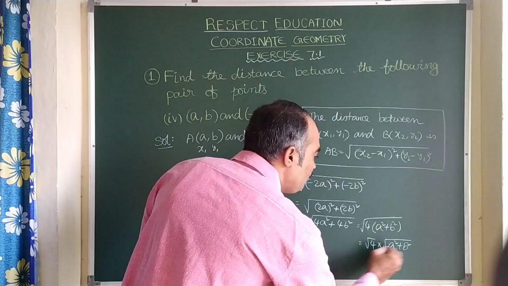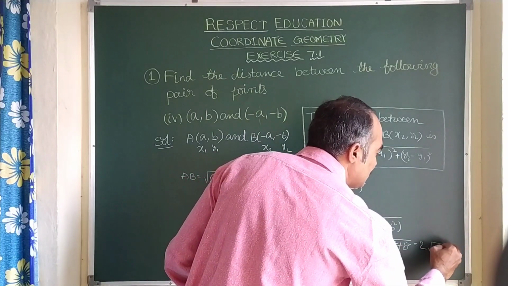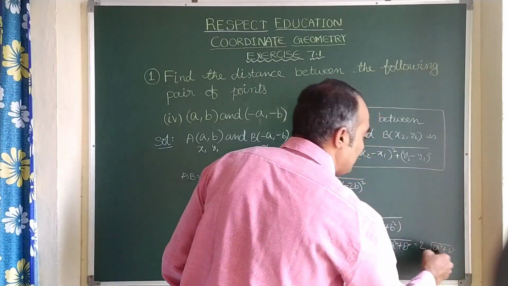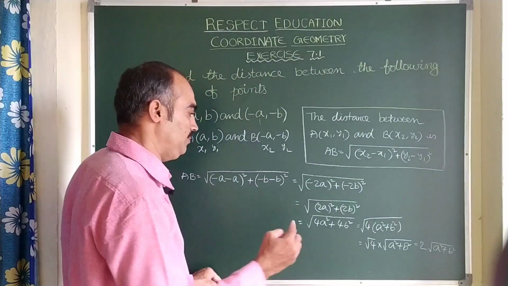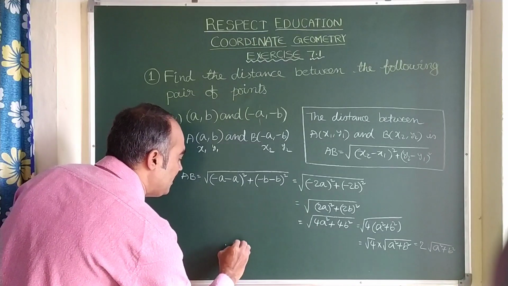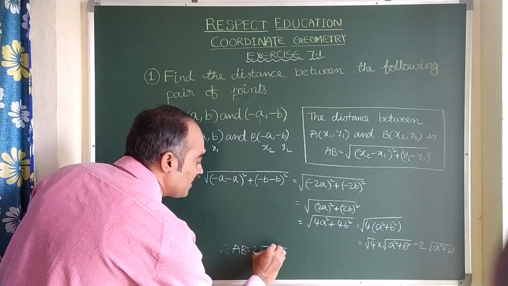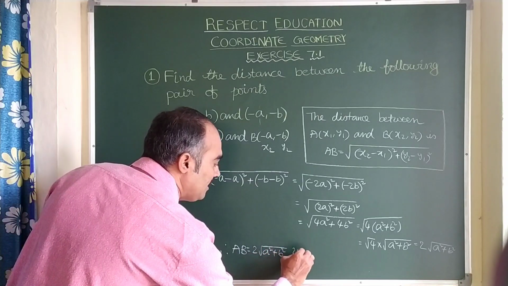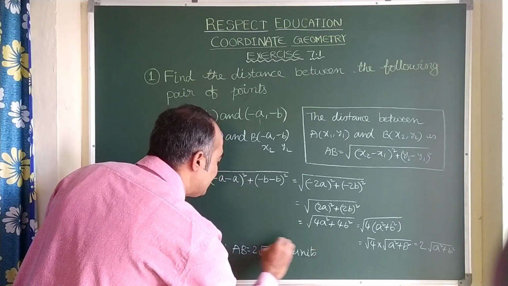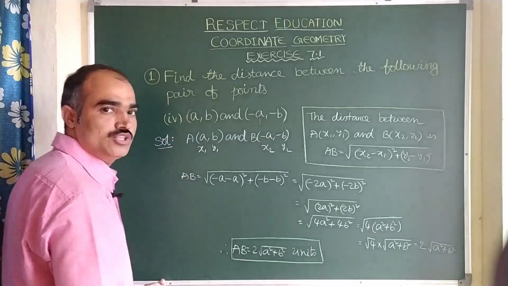Here root 4 value is nothing but 2, so 2 root a square plus b square. So finally here the distance between the points AB is equal to 2 root a square plus b square units. This is the final answer for this bit, fourth bit.